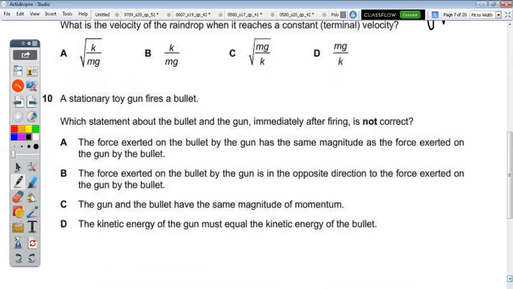I think D is not correct. Yes, correct answer.